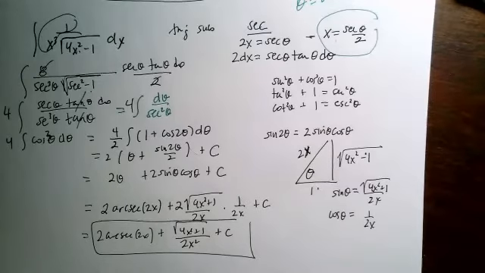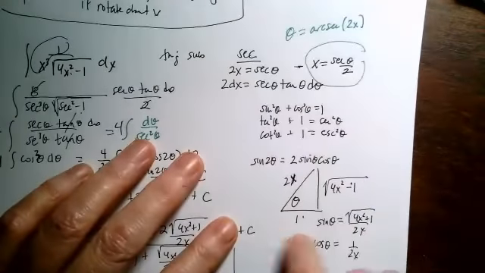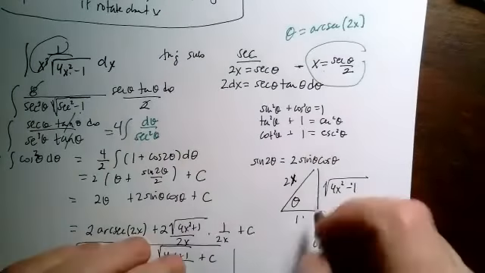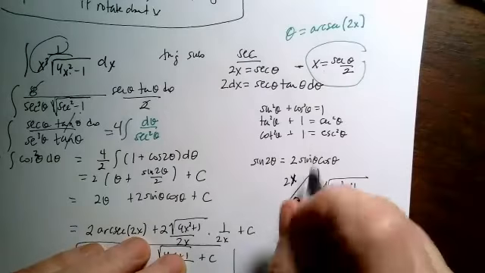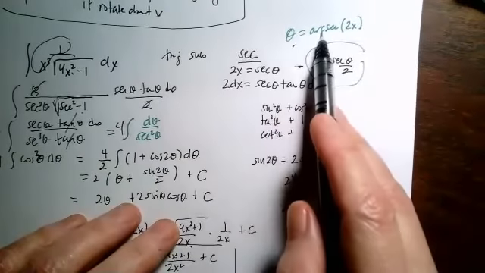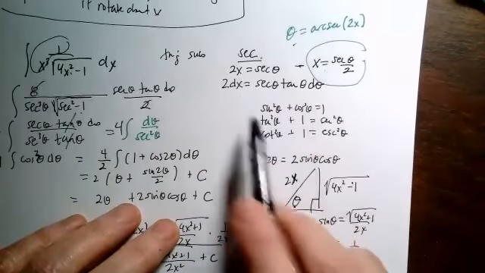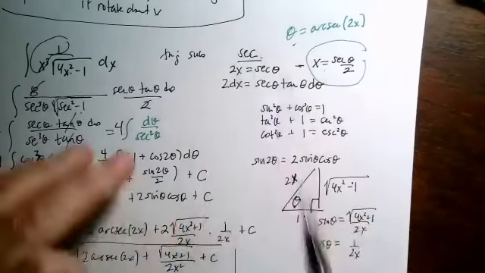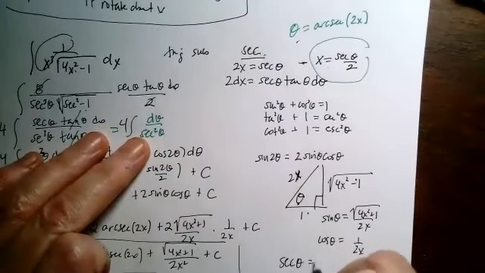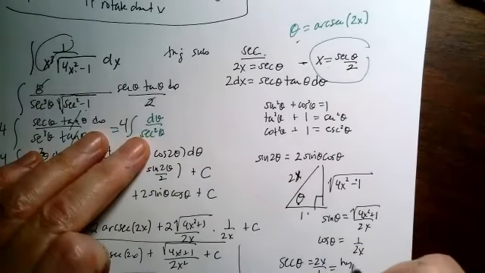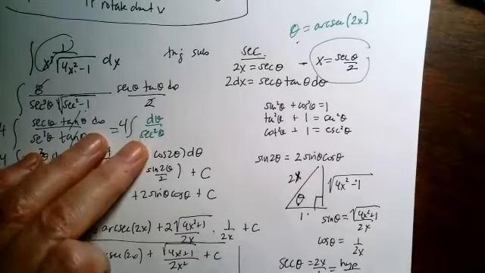How do you make the triangle again? Okay, you're going to put the right angle on the right, put theta to the left, and arcsecant is hypotenuse over adjacent, right? So the secant of theta is 2x over 1, and that's the hypotenuse over the adjacent side.